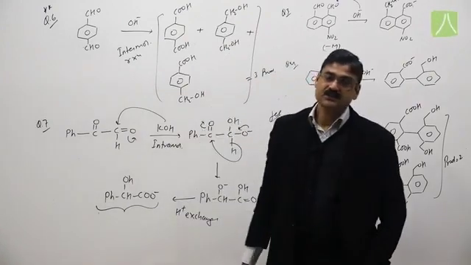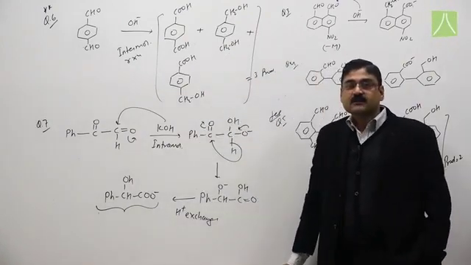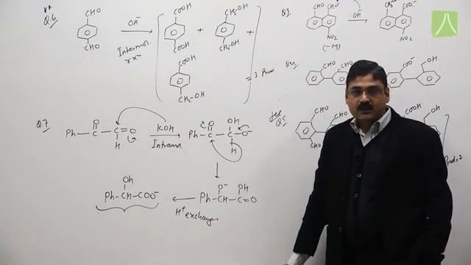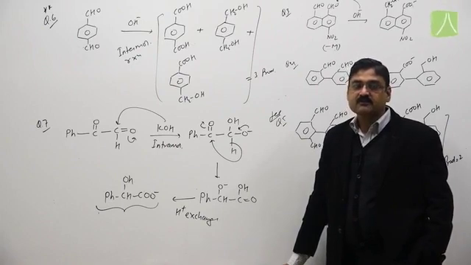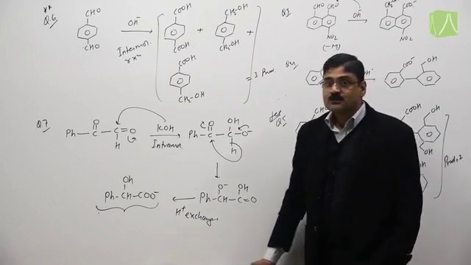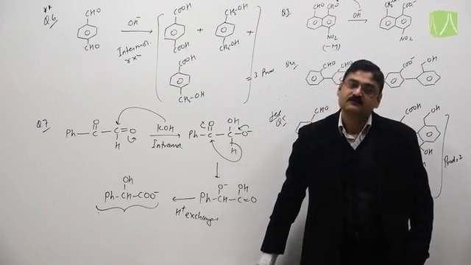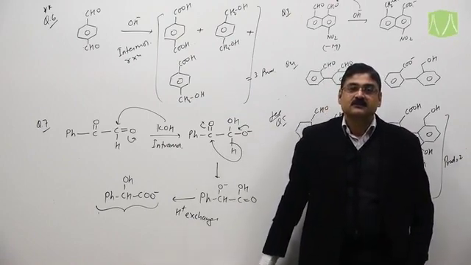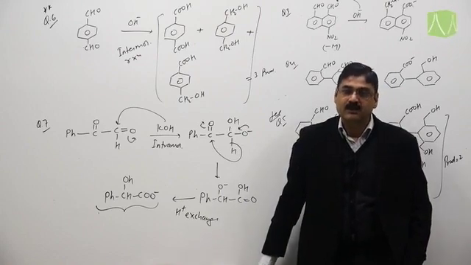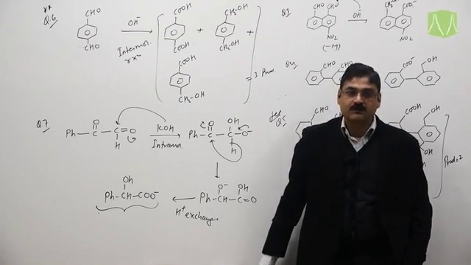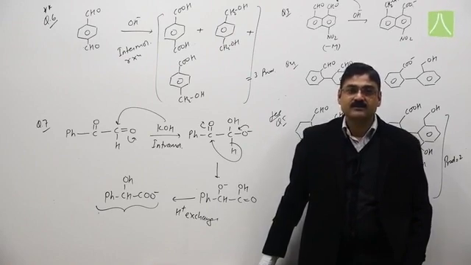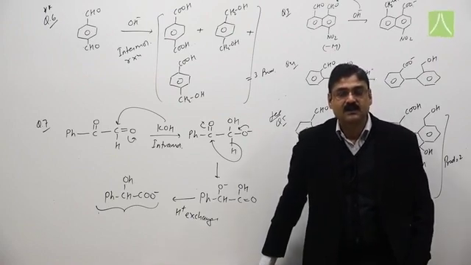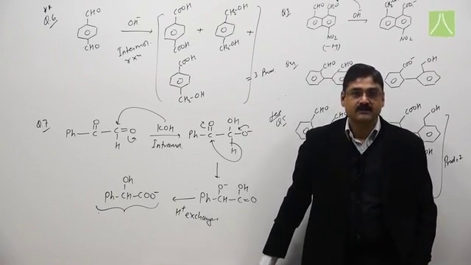So in today's lecture, we have studied chemical reactions of carbonyl compounds. It is the second lecture for this chapter. So I repeat the whole chapter. First, addition of ammonia and ammonia derivatives to the carbonyl compounds. This reaction is known as an addition-elimination reaction because in the first step addition takes place and in the second step elimination of water takes place.